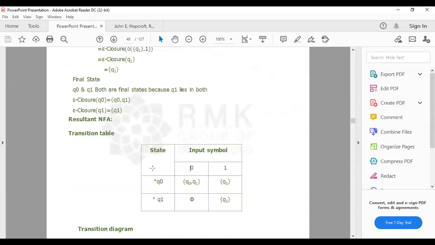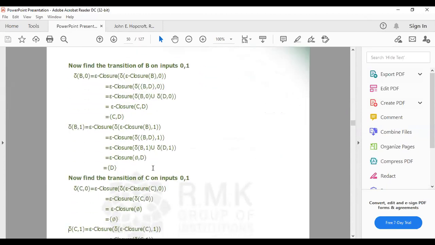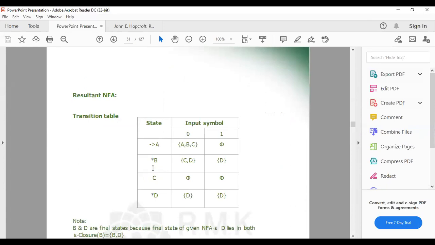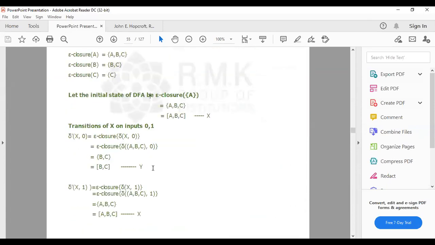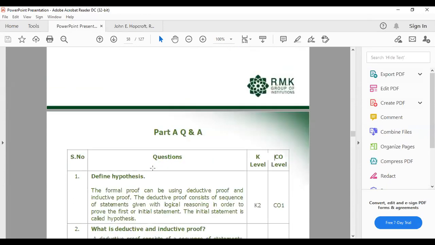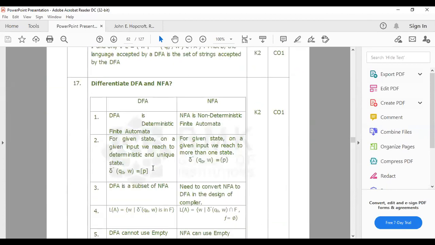I will help you with all the conversion problems, then the assignment, 2 marks, part B questions. Please refer to all those things, then only some doubts may arise.